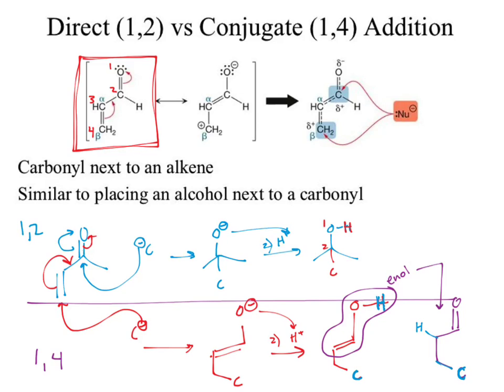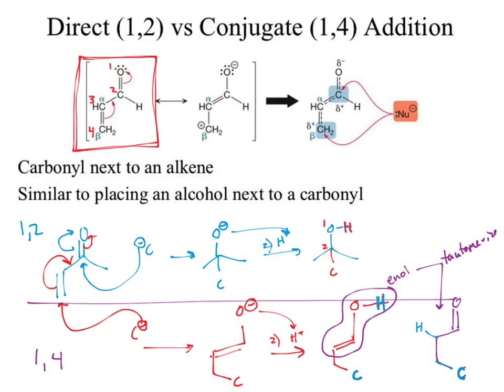Tautomerize to the ketone. Why do we never see the 1,4 product? Because that product changes its structure, the orientation of those atoms, to put us at the purple product. The purple product is our more stable product. That's why we end up with that one.